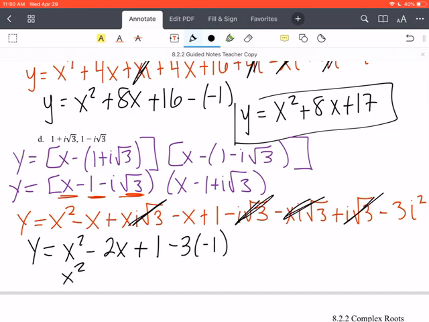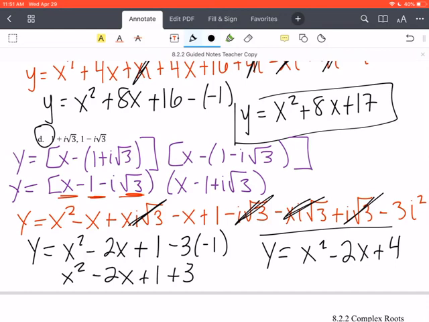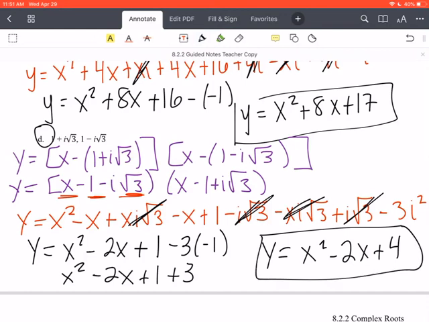So we have x squared minus 2x, and then plus 1 plus 3. So our final quadratic that would give what we started with as the roots is x squared minus 2x plus 4.